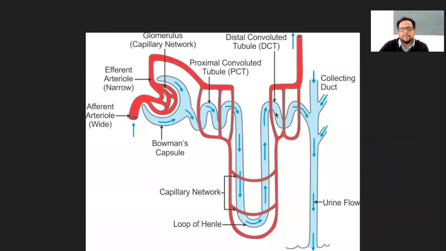That is what is meant by convolution. Convolution literally means folding. In two dimensions, what you are shown is just up and down, like a wave-like structure. But in three dimensions, it can be any type of convolution. It can be folded in a circular manner and so on. So that way the PCT and DCT are present.